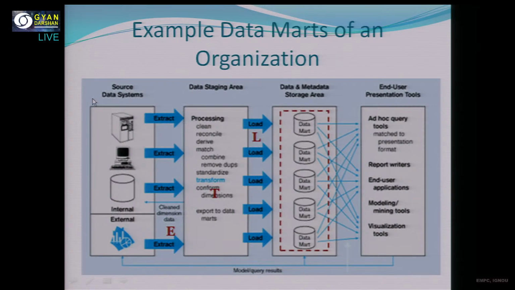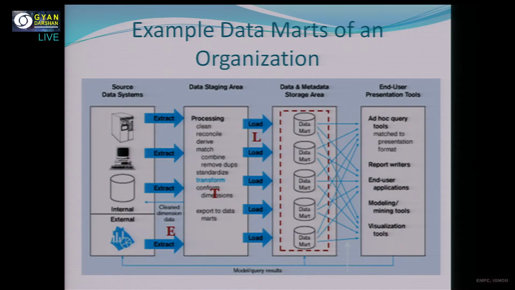Here you can see there are various source data systems on the extreme left-hand side. Then, as we had seen earlier, this is the staging area, where cleansing, transforming and other things take place. Then you can see the load. After cleaning is done in the data staging area, the data is loaded as per the subject.